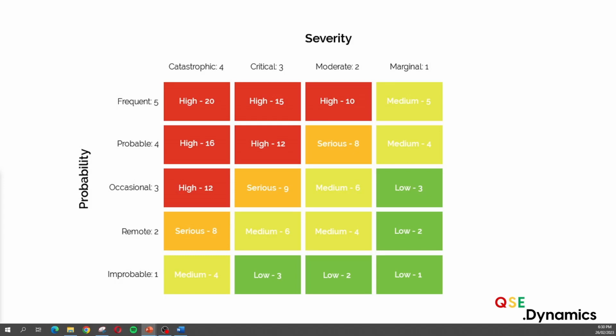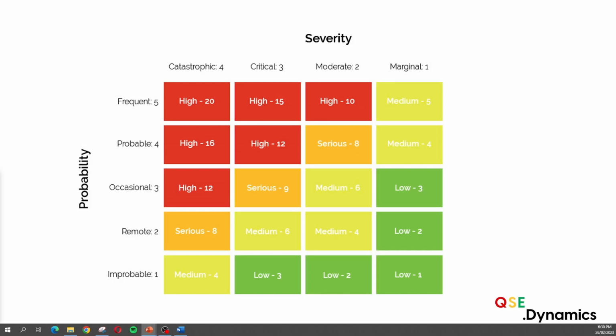There's no reason why you can't use 4 categories. Again, I just want to stress the importance of having really good descriptors behind these. So marginal severity, I would really want to see what is defined as a marginal. Something that I like about this one is that it's very easy to use.